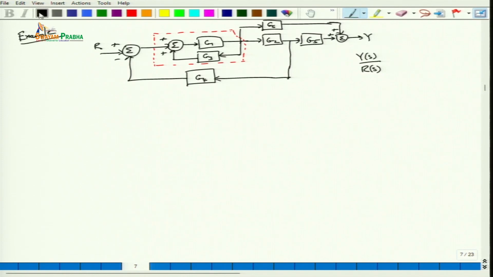If we simplify this portion, what we'll get is G1, that is the forward path, divided by 1 minus, since there is a positive feedback, it will be minus the forward path and the feedback path.